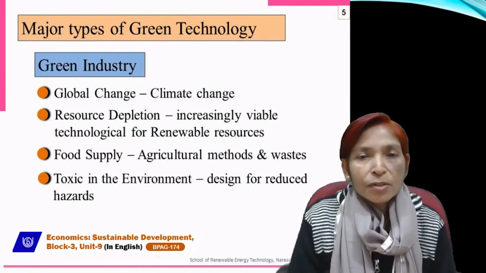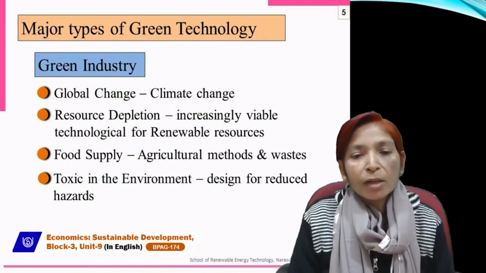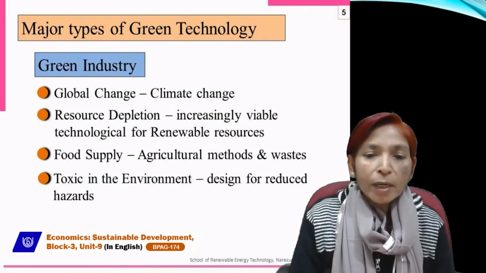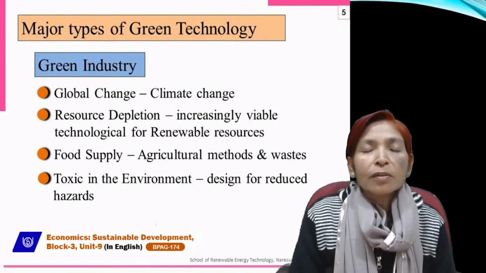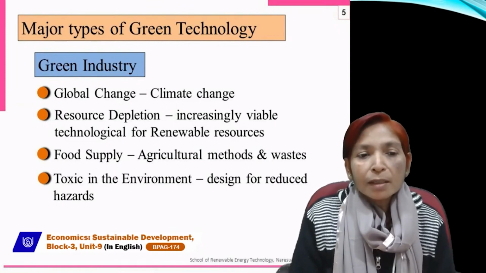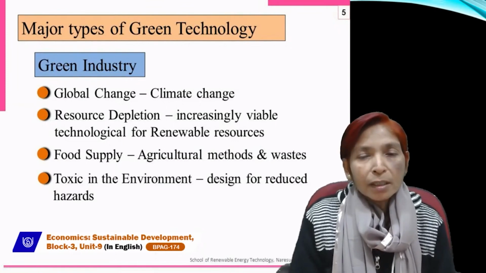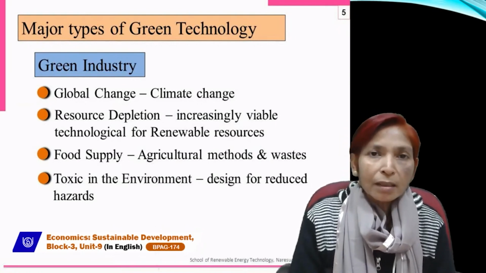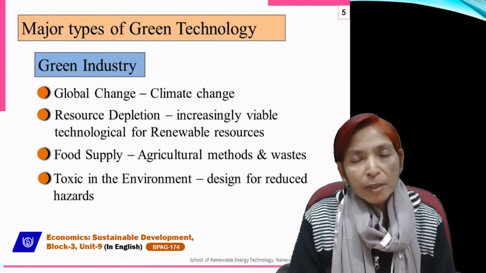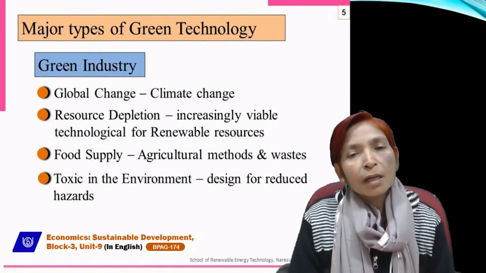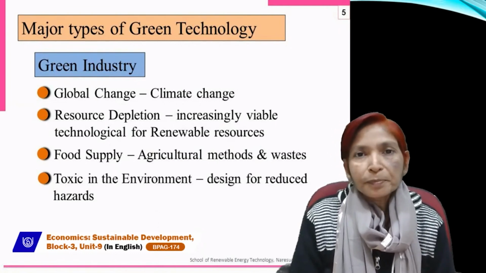If we use in the industrial sector that type of technology which uses renewable resources and which technologies are viable and it will not deplete or degrade the environment, then it will help us in the achievement of sustainable development.